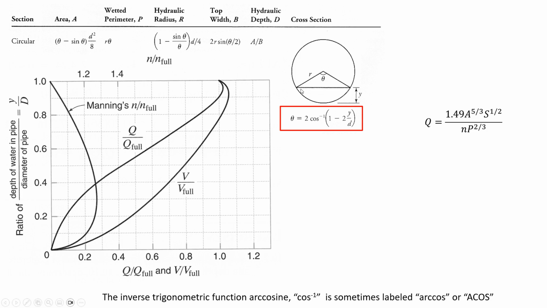And so think about if the water depth in the pipe is just very, very shallow, then the ratio of the cross-sectional area to the wetted perimeter where the friction is applied is much different than if you had a pipe like this and it's mostly full.